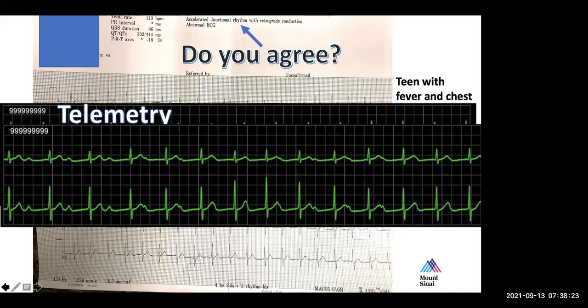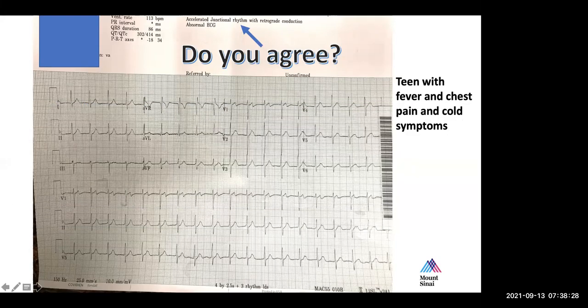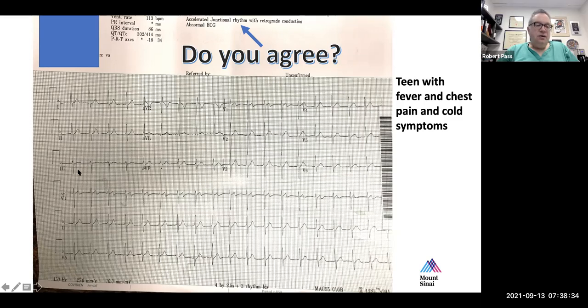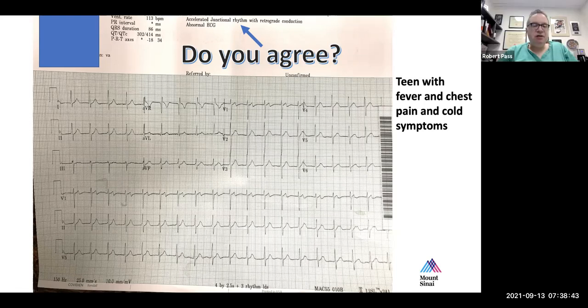Dr. Pass, can you show the EKG again? Yes. Would you say these are P waves in lead 3 right after the T waves? It might be. It's hard to say. This is why it's always nice to compare to another tracing. But yeah, it sort of looks like there are these little P waves that follow the T waves.